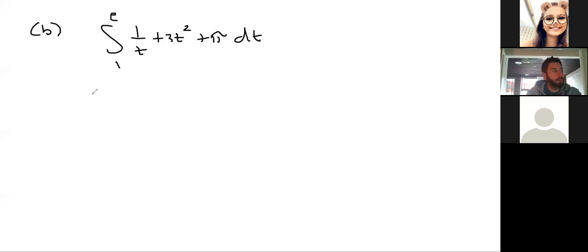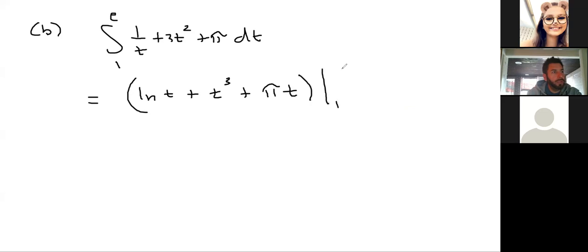Okay, so we saw on the previous slide that the antiderivative is log of t plus t cubed plus pi t, and we're evaluating this between 1 and e.